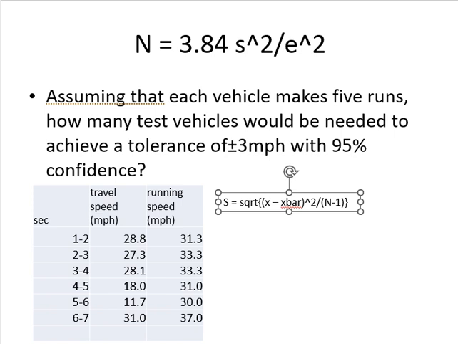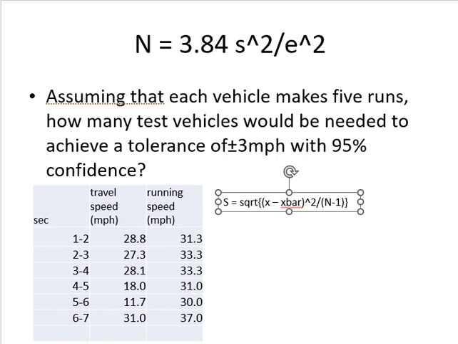In this case, we are not using the equation which we use with the spot speed data, because the spot speed data had frequencies. There are no frequencies here, so I cannot use that equation. I'll use this one, which is used for data that doesn't have frequencies, a simple set of values.